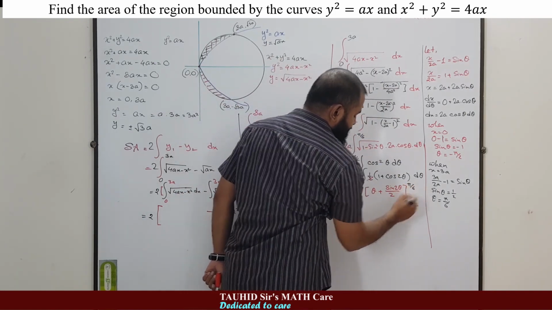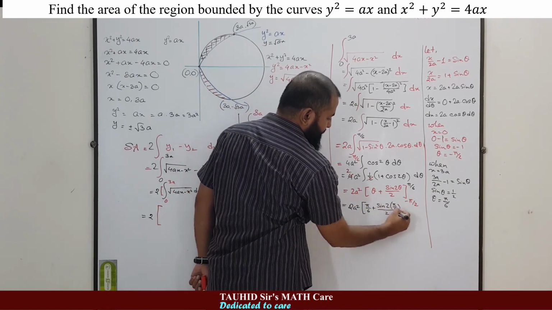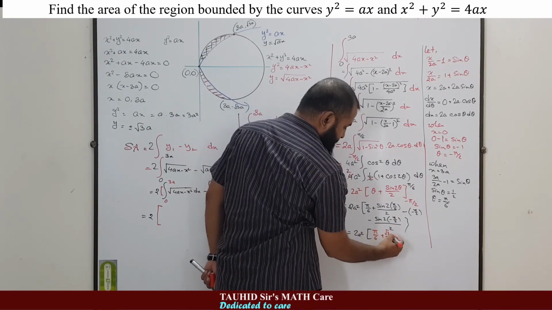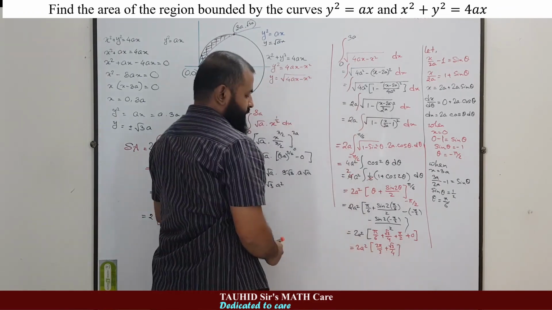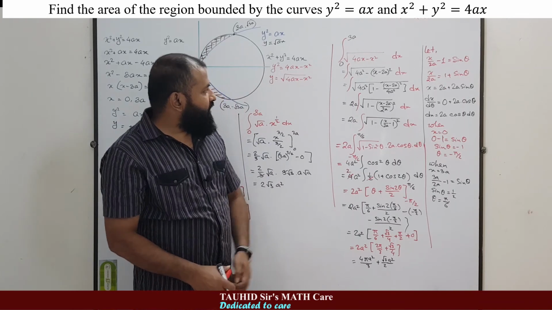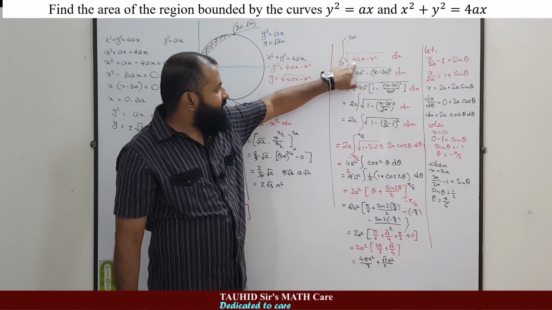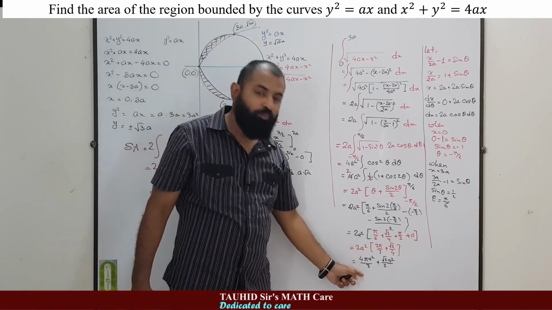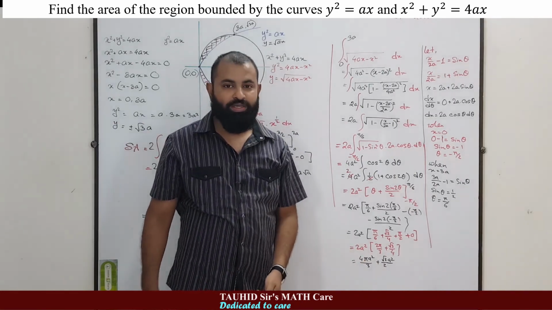Now we will put the values of the limits. So finally we get the value of integration of root over 4ax minus x square dx, limit from 0 to 3a, is 4 pi a square divided by 3 plus root 3 by 2 a square.